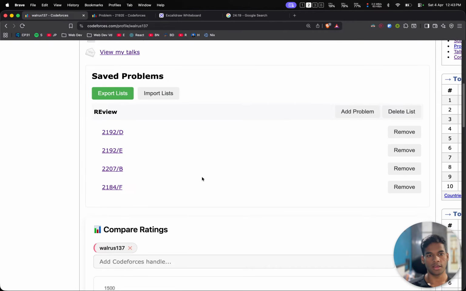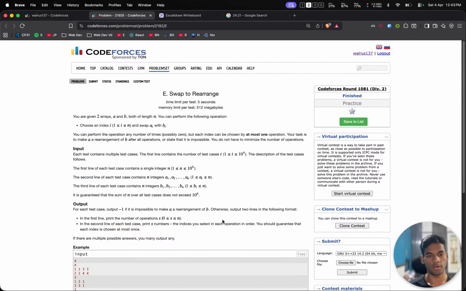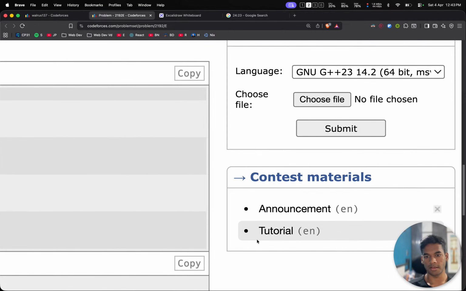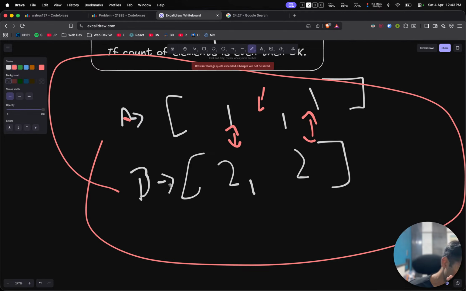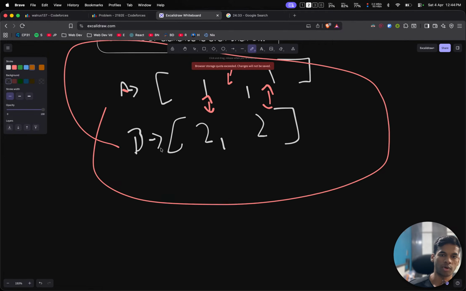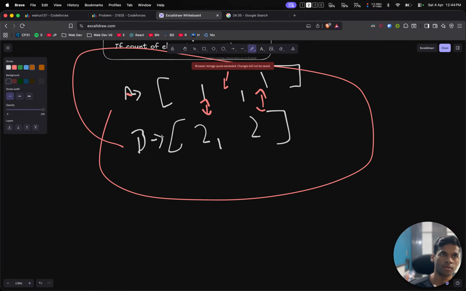Okay, we looked at the hint and it said graph problem, and this is now starting to feel like a bipartite graph problem. Yes.